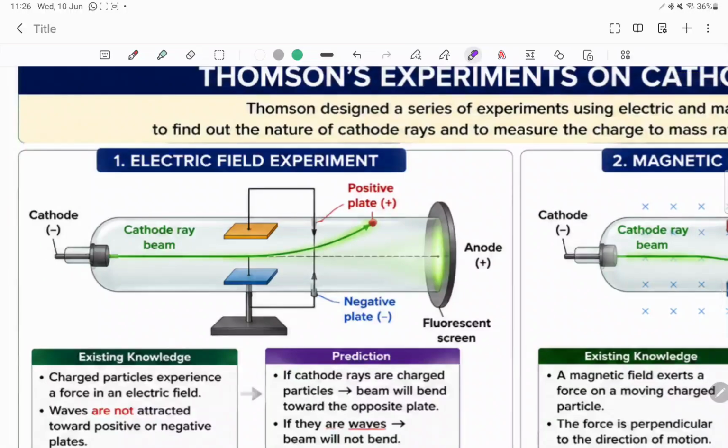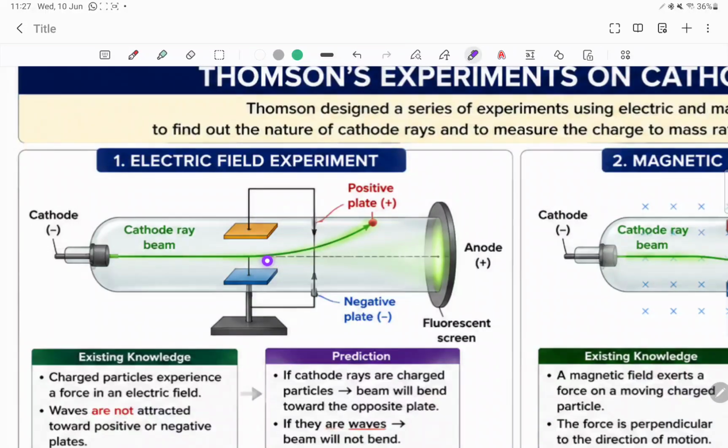So what did he do? Two parallel metal plates were placed on either side of the discharge tube. This is extra, included in the discharge tube.